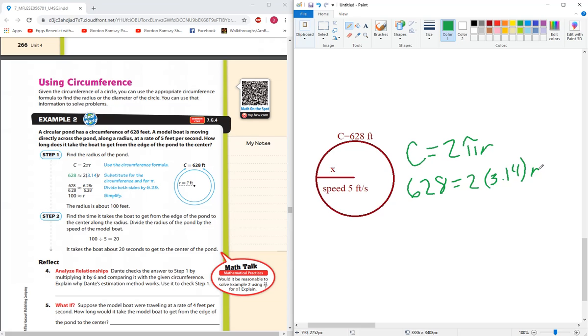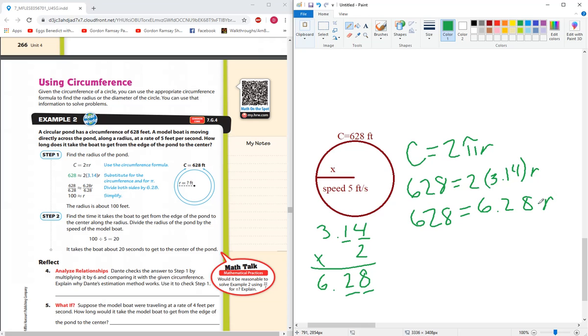Now, I'm going to just multiply out my right side. 3.14 times 2 is, 2 times 4 is 8, 2 times 1 is 2, 2 times 3 is 6. I used 2 decimal places, so I have 2 decimal places. And look at that. So now I have this: 6.28r is equal to 628.